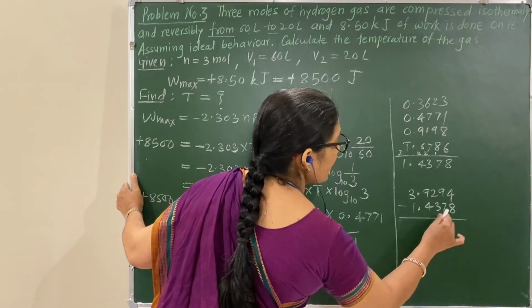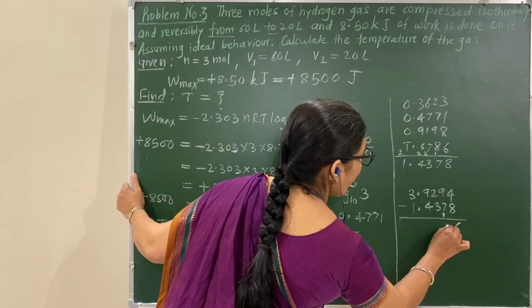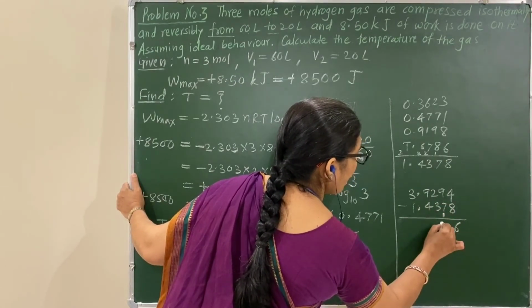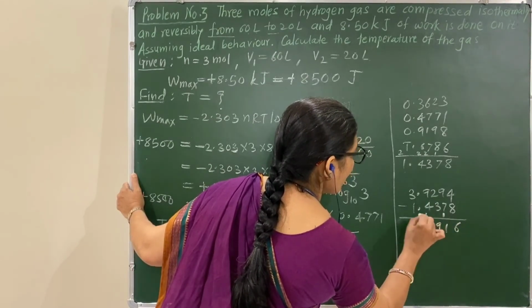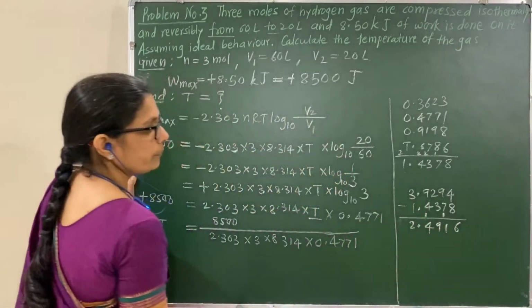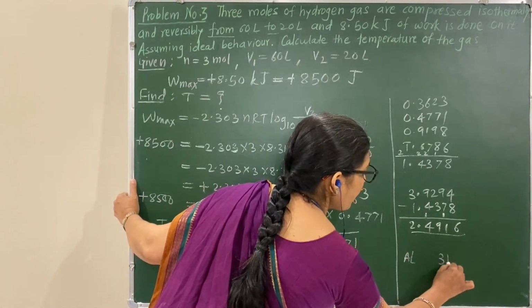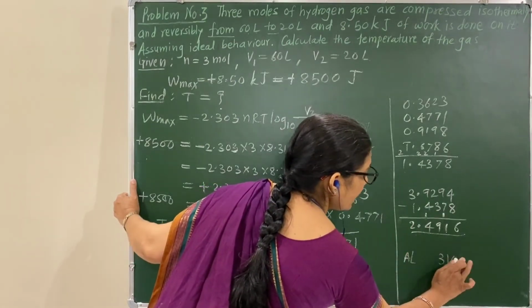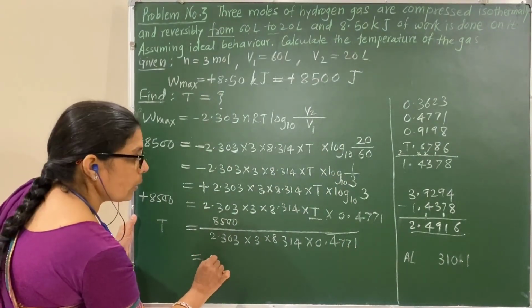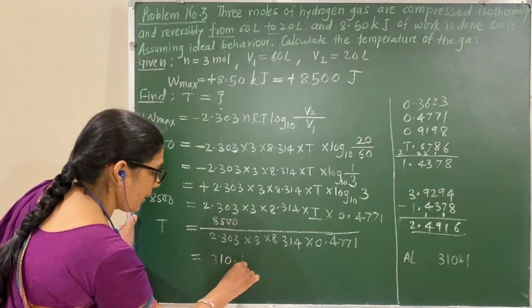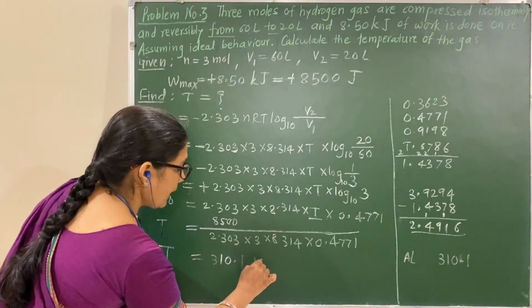Now here subtraction: 6, then 1, then 9, then yes 4, and here 2. Now the antilog of this is 3101. Now point here, that is equal to 310.1.